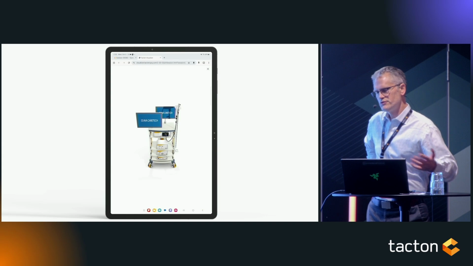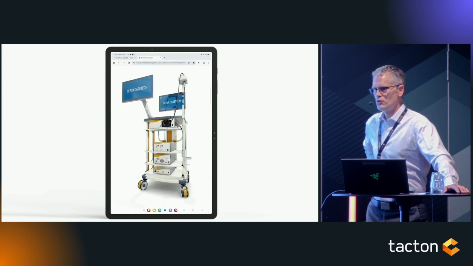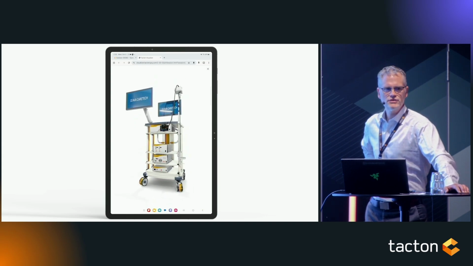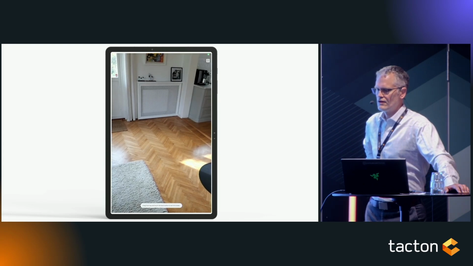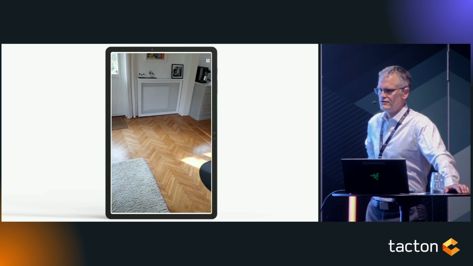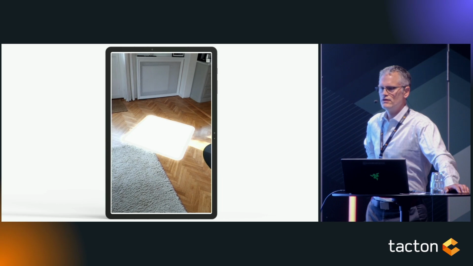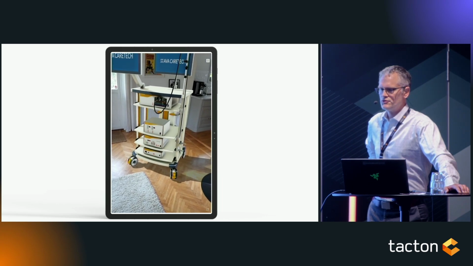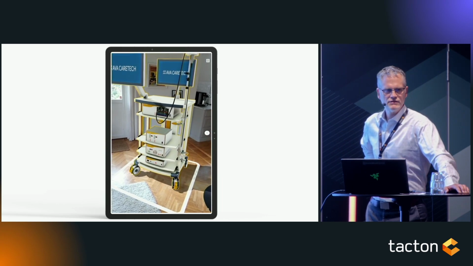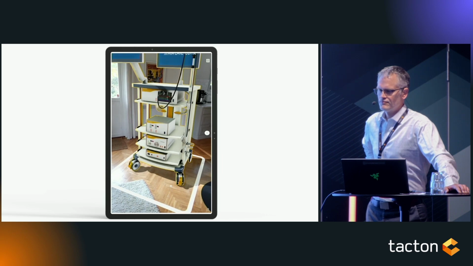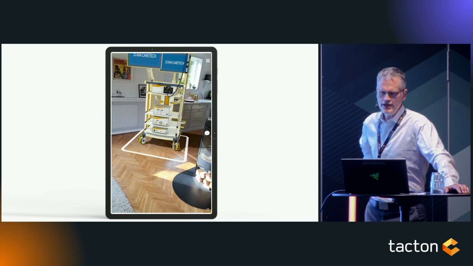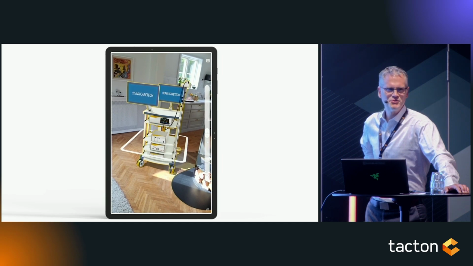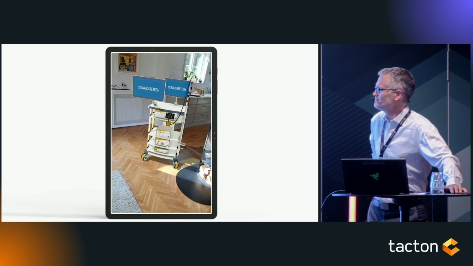And now we're on the customer's device, and he can follow along in that configuration session and see exactly what you see. And even place the equipment at the customer premises to see if it fits. This actually looks like someone's living room, but hey, you may need medical equipment in your living room as well, at least if you get old enough.